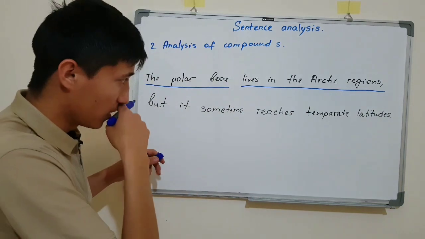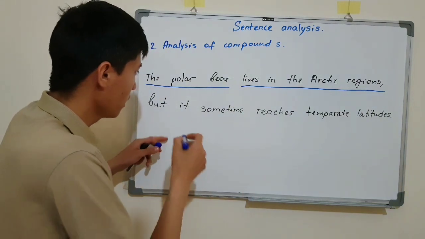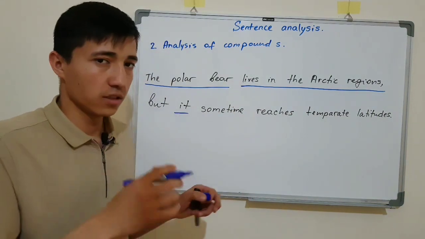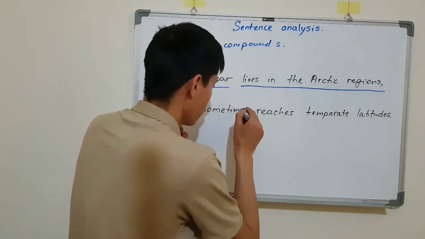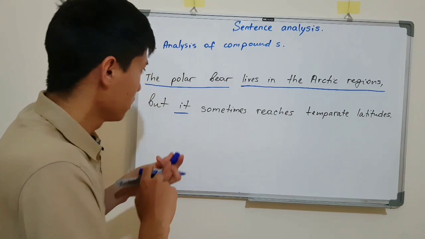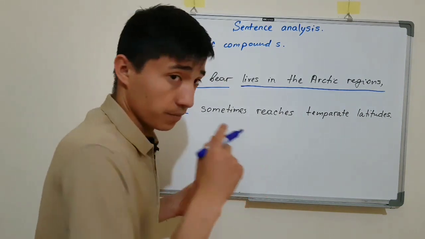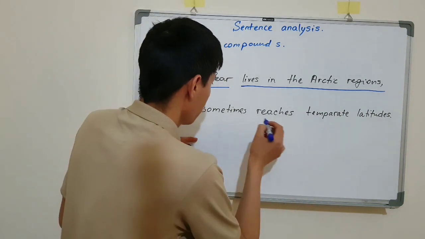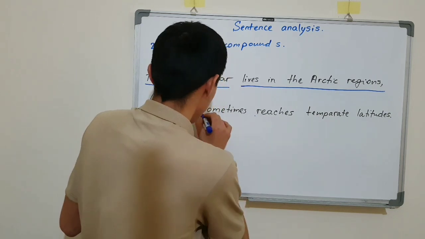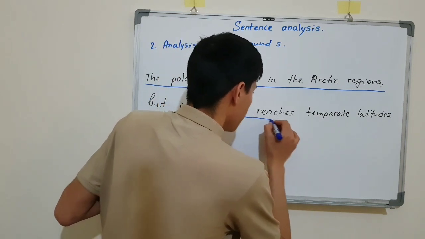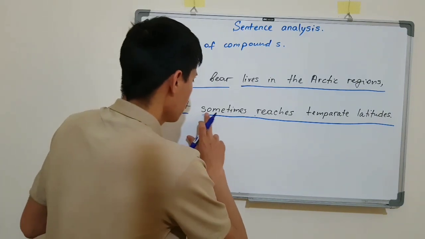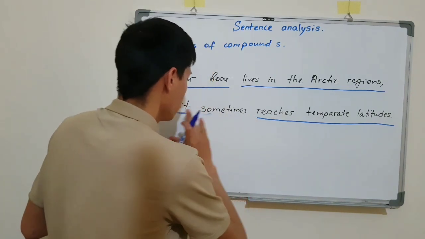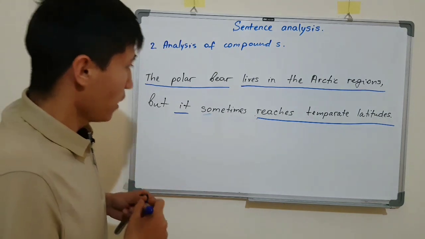In the second part, the subject is it, and the complete predicate is sometimes reaches temperate latitudes.